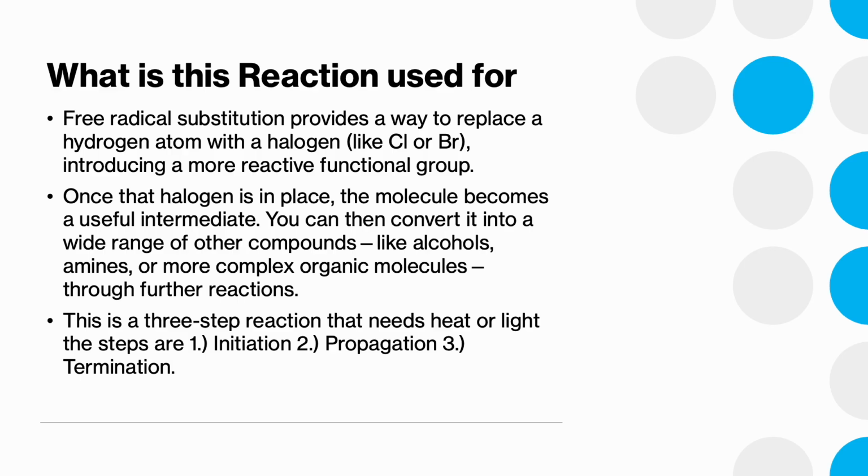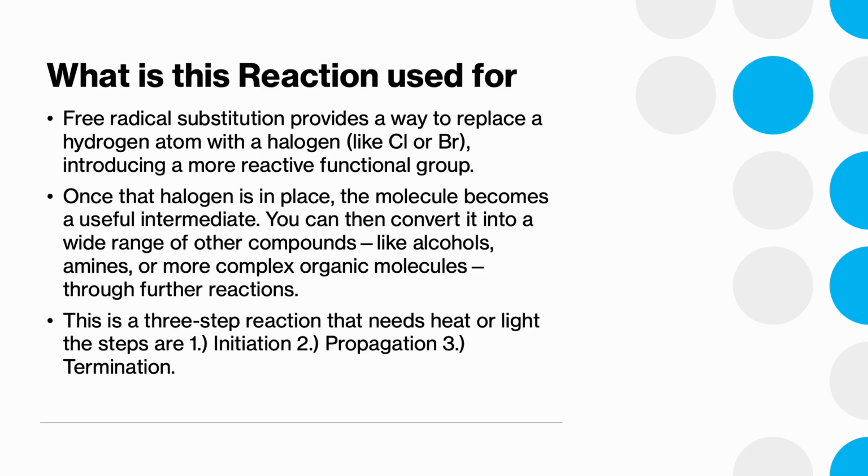The second step is propagation. In propagation, you're going to take that radical, and using that radical, it's going to make your products. It's basically how the reaction is working in the middle and what is forming with the radicals to make your products.